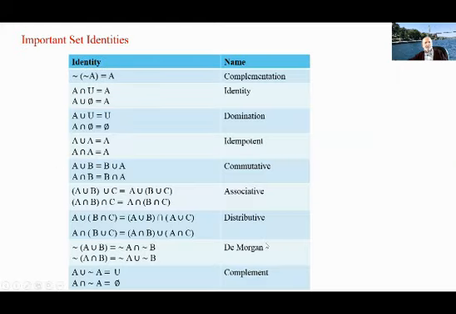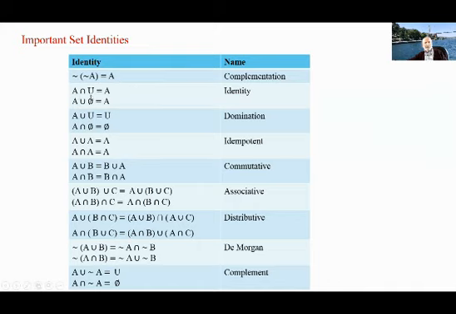Here are some important set identities that are used quite a lot in discrete math. The complement of the complement of A is A, that's straightforward.